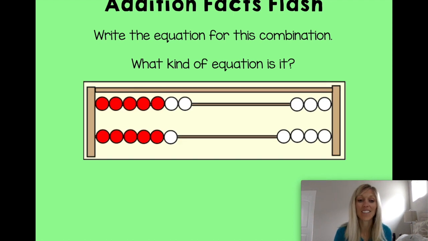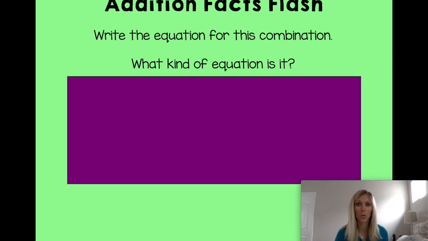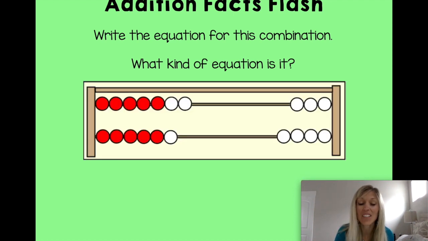All right, another one. Look closely. Ooh, this one's tricky. I tell you what, because it's tricky, I'm going to leave this up here and let you look at it while you write your equation. Okay? Why don't you use the last addition problem we did with doubles to help you figure this one out?